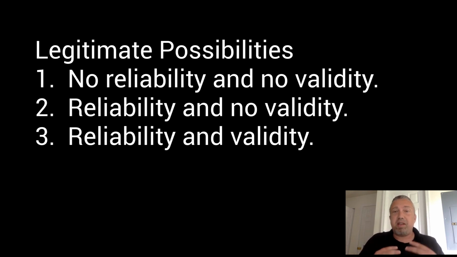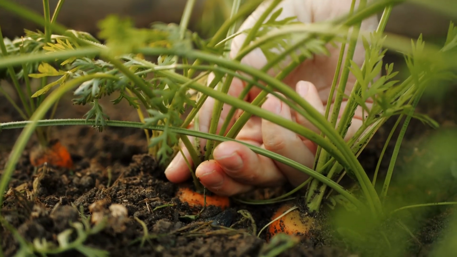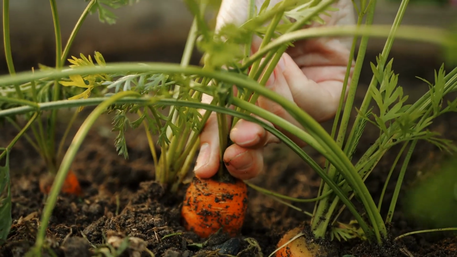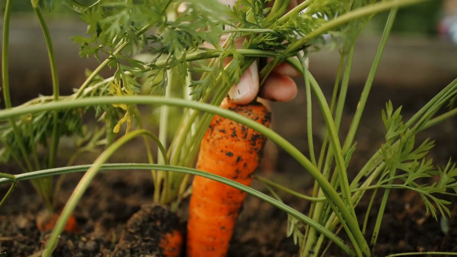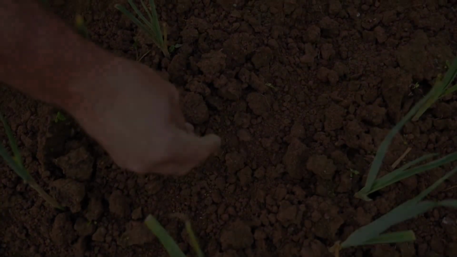So let's look at maybe a more simple example to see how this could work. We could say that water is necessary but insufficient for carrots to grow. In other words, in order for carrots to grow, I have to have water.